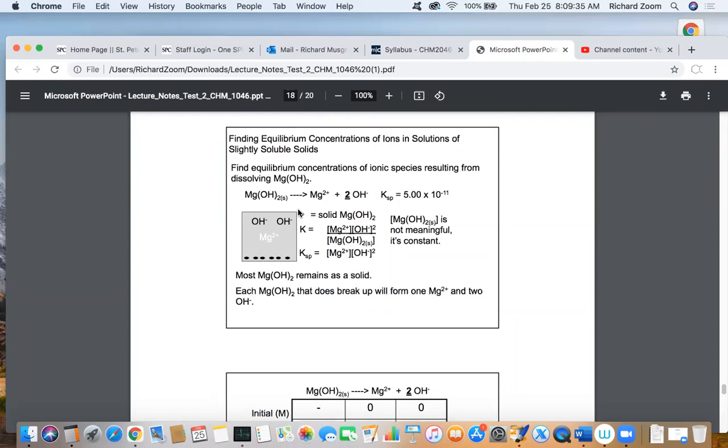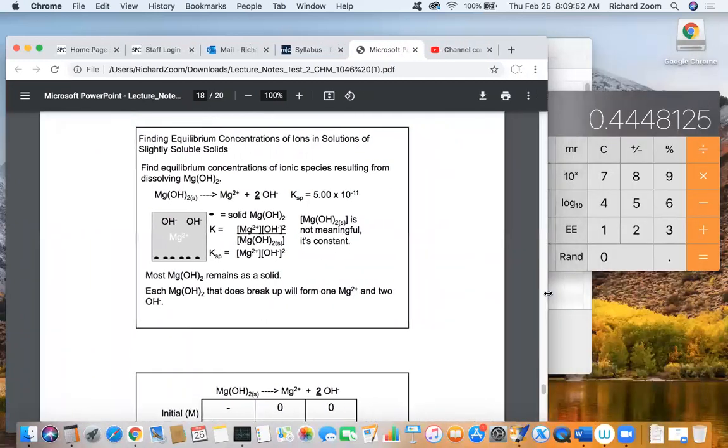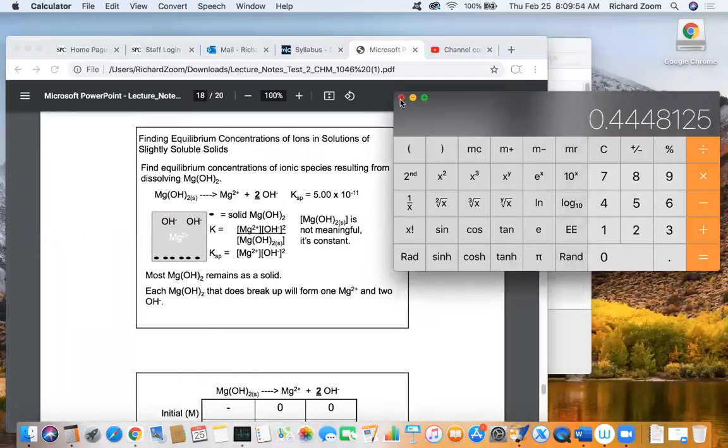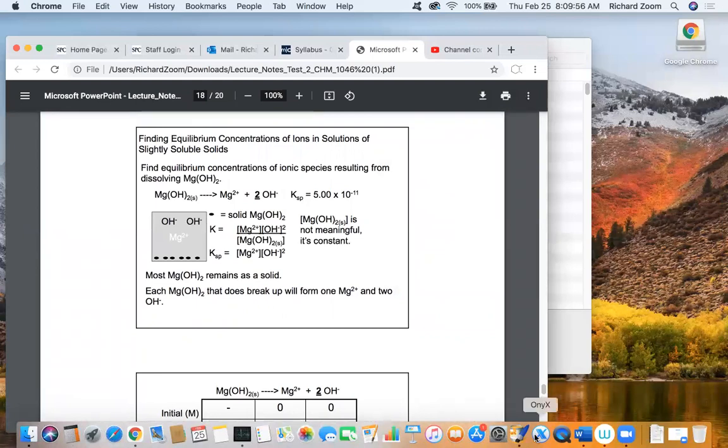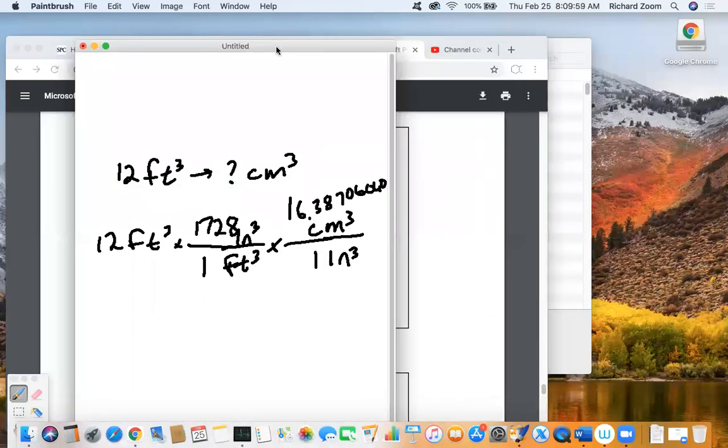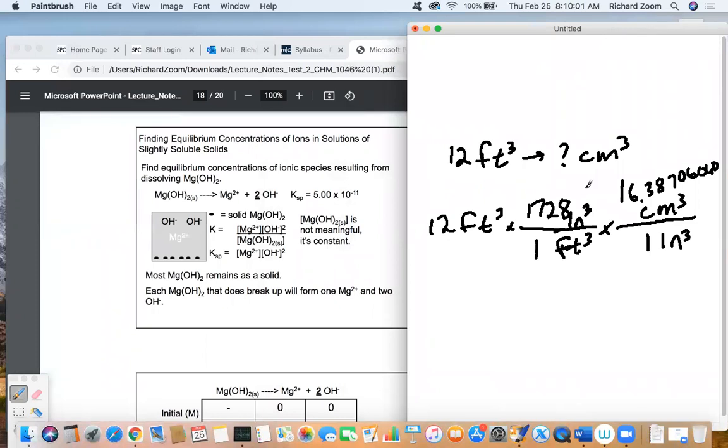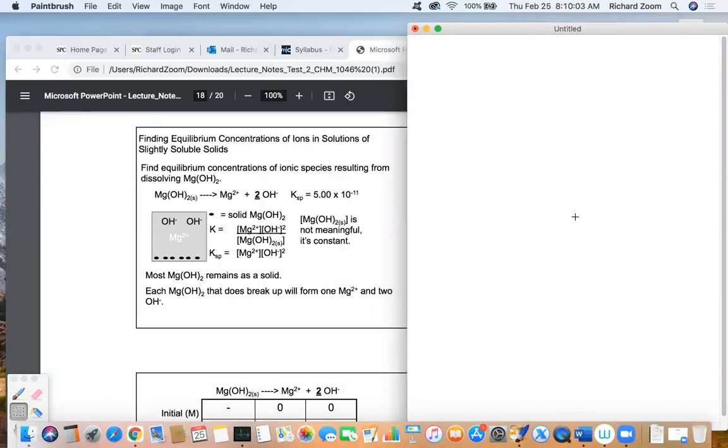Now, the thing with Mg(OH)2 is that when you put it into a container, some of it will dissolve. And by dissolve, I mean some of it will turn from a solid into ions. And the kinds of ions it turns into is going to be determined by the picture of what we draw.